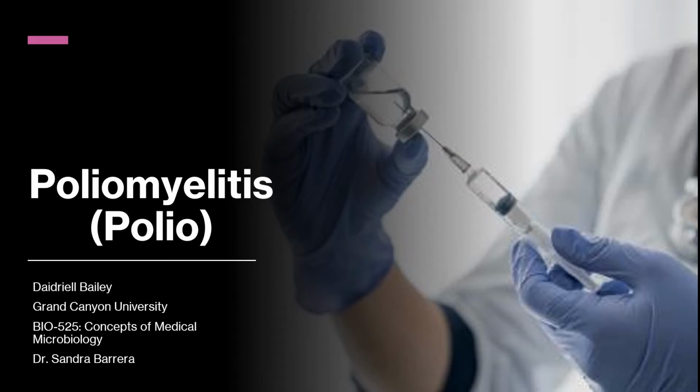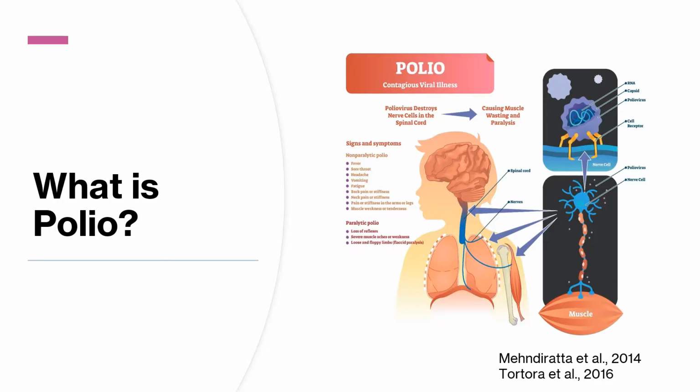Let's begin this discussion by answering the question, what is polio? Poliomyelitis, or polio, is a highly contagious disease of the nervous system, which is known for its ability to cause paralysis. Polio also has the ability to cause other illnesses, such as mild cases of respiratory illnesses, gastroenteritis, and malaise.